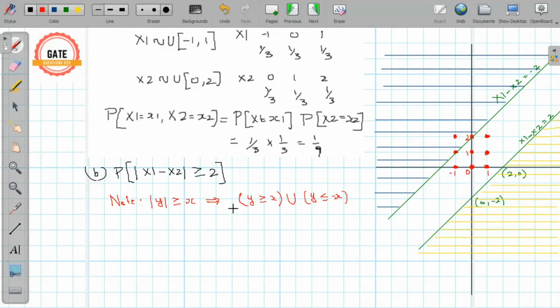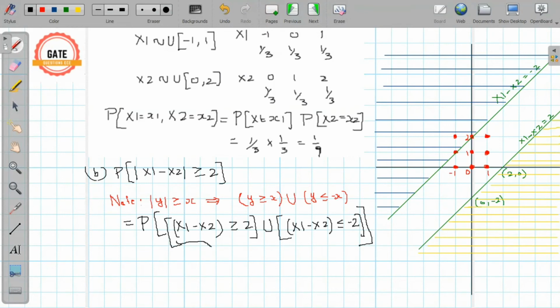So using this notation here, we can write this probability as the probability of x1 minus x2 is greater than or equal to 2, union, x1 minus x2 is less than or equal to minus 2.